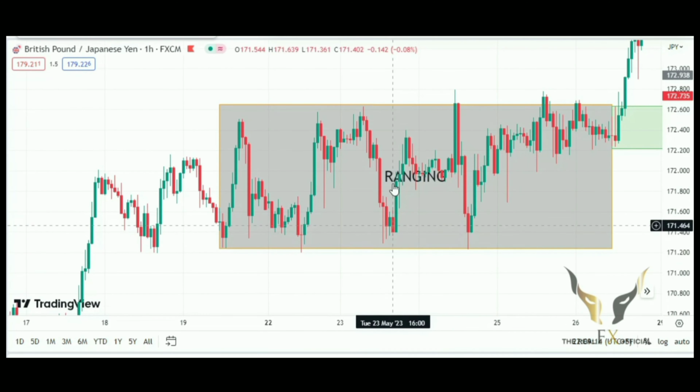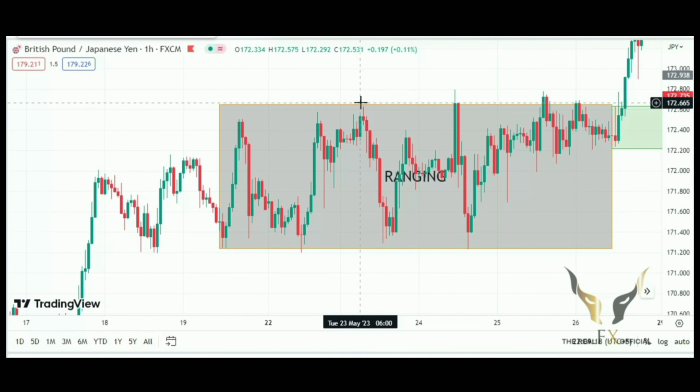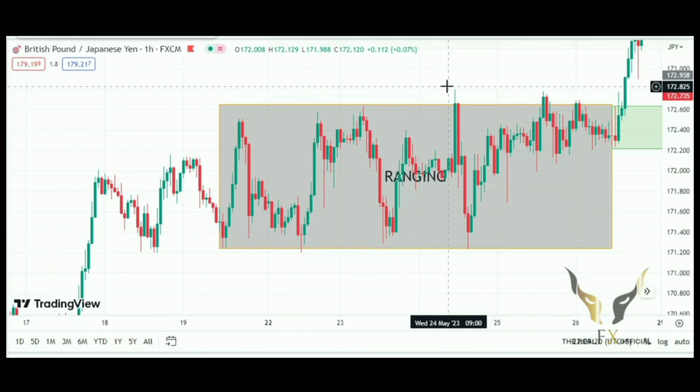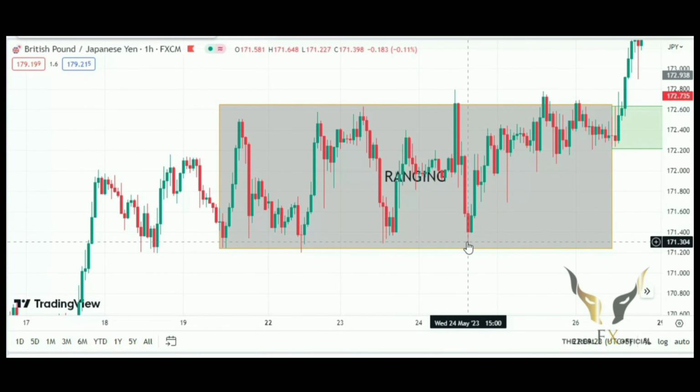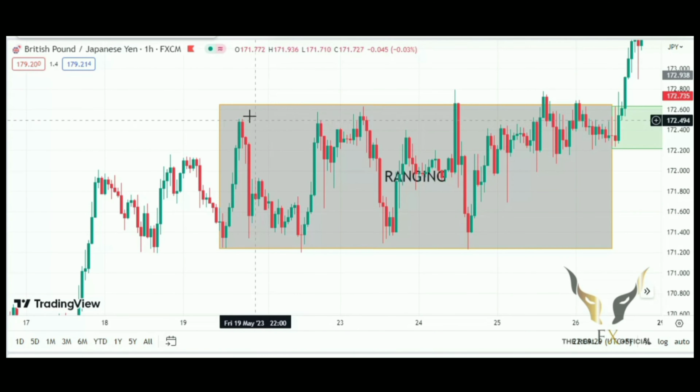Everyone knows that the price is in ranging, so they sell from here, buy from here, so the market has to take them out. Okay, stop loss above these areas, so it just hit the stop loss and then came back. So that caused liquidity, and we will discuss it in detail in the upcoming videos.